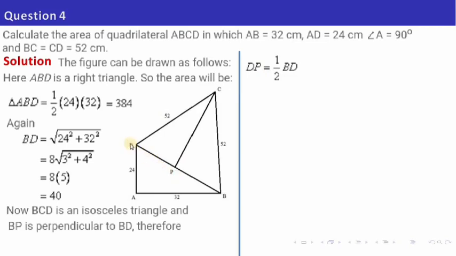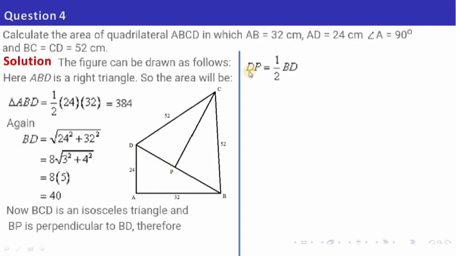When you draw a perpendicular, by the way, this is perpendicular, this is 90 degree, and BD will also be bisected. So in other words, DP is going to be exactly half of BD.